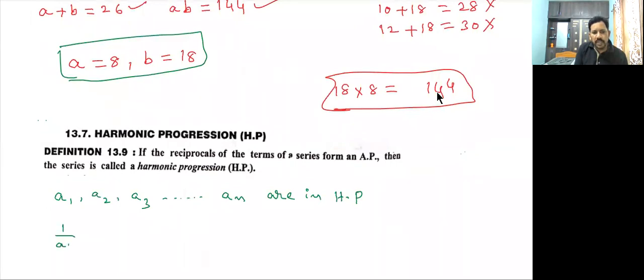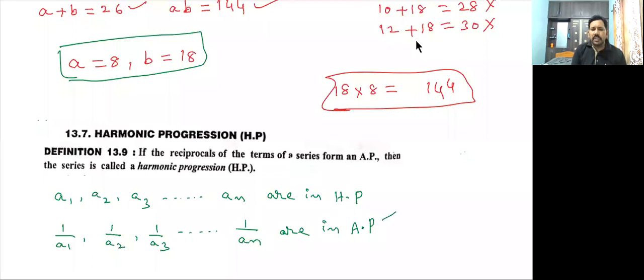That means 1 by A1, 1 by A2, 1 by A3 and so on, 1 by AN are in AP, arithmetic progression. In arithmetic progression, what are the formulas? We know that. What is the nth term formula? A plus n minus 1 into D.